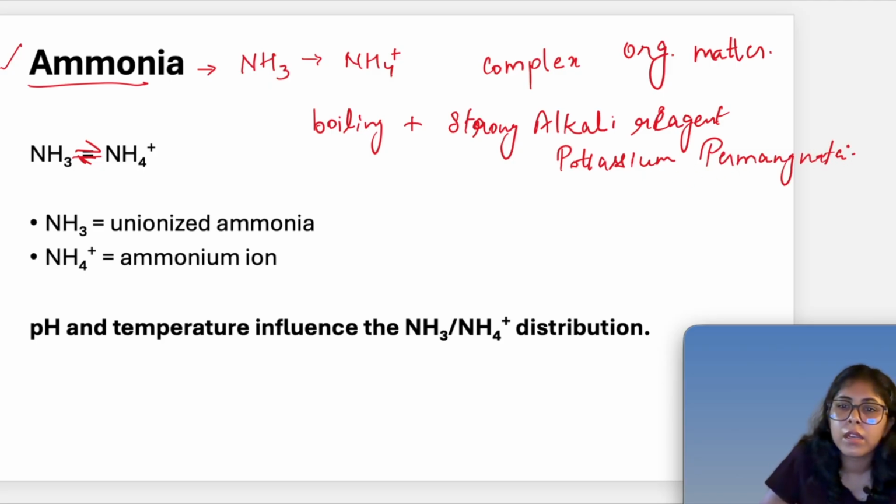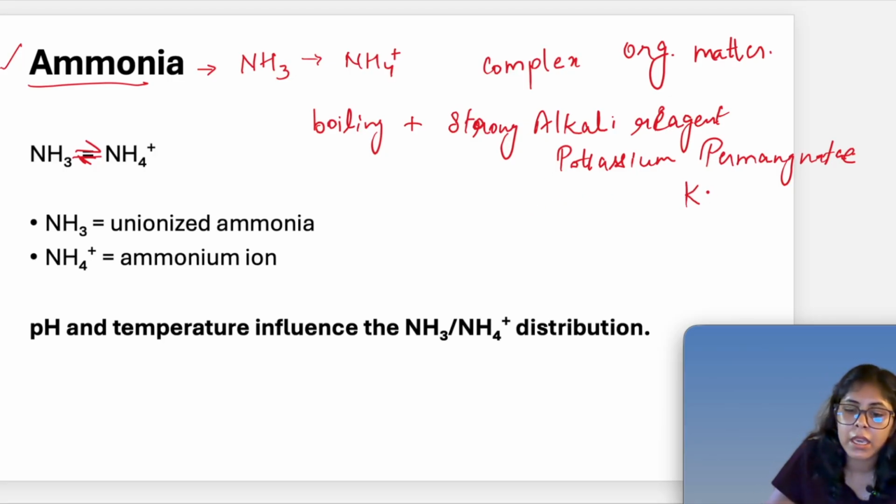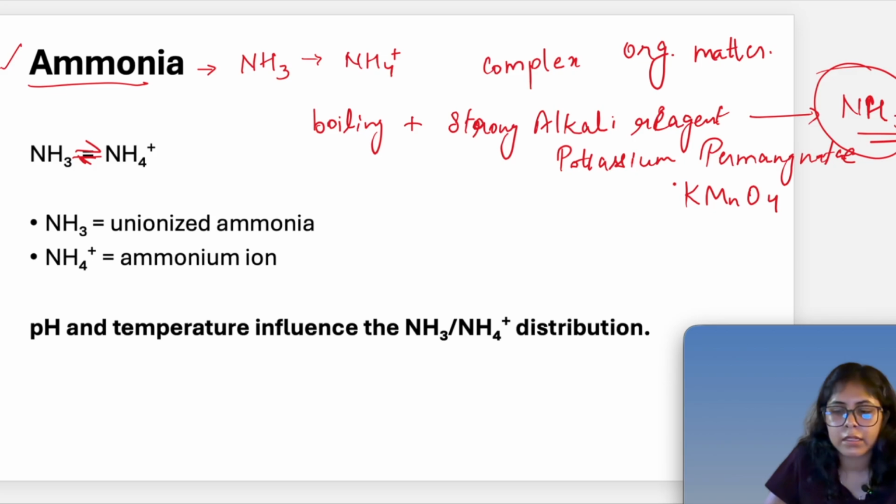If we boil the water which contains ammonia in the presence of this strong alkali reagent, we can see a gas being liberated. That gas is nothing but ammonia, NH3. So we can find ammonia like this. Okay, so this is organic ammonia.